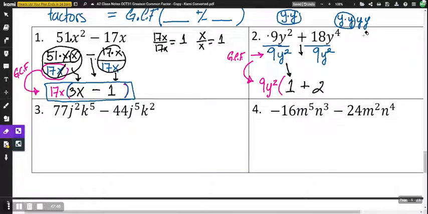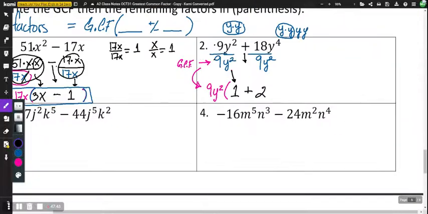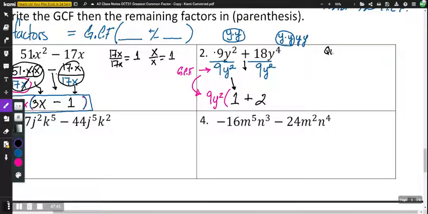Remember the quotient rule. I want you guys to write this off to the side here, somewhere in your notebook. The quotient rule says that if you have any number raised to an exponent divided by the same number raised to another exponent, the answer is going to be the base to the power of the top minus the bottom.